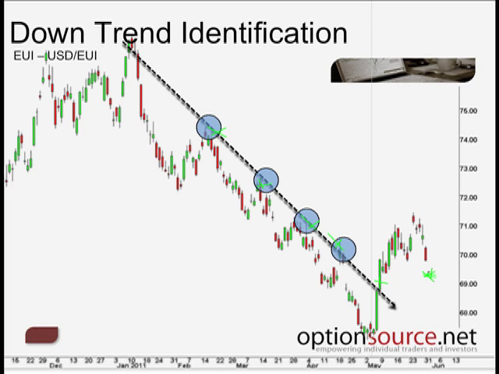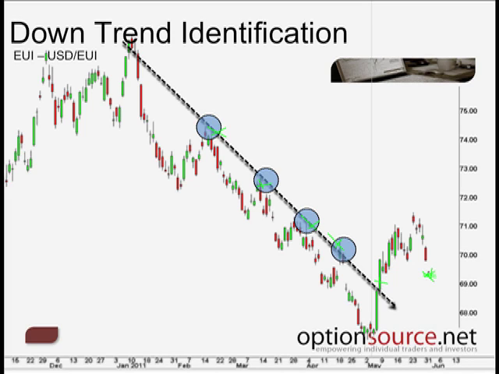Now, the thing about utilizing a trend line is that they're not very liquid, in the sense that obviously there are significant price fluctuations on a day-to-day basis, and today was one of those days where we saw a very significant sell-off on the euro.